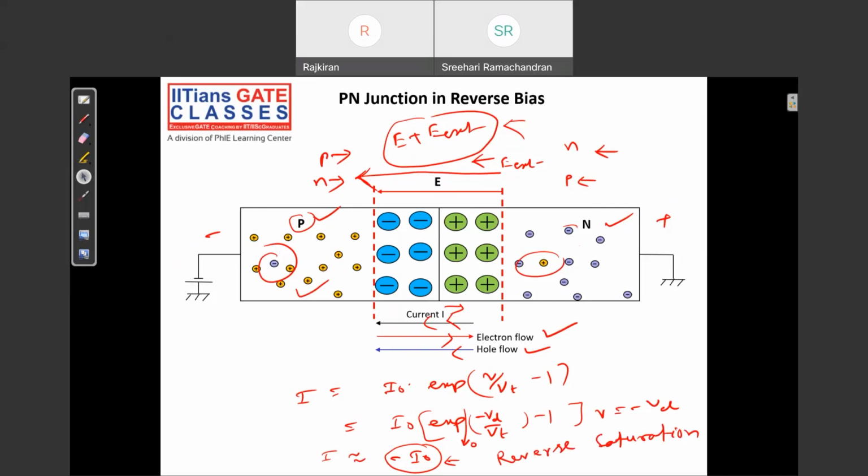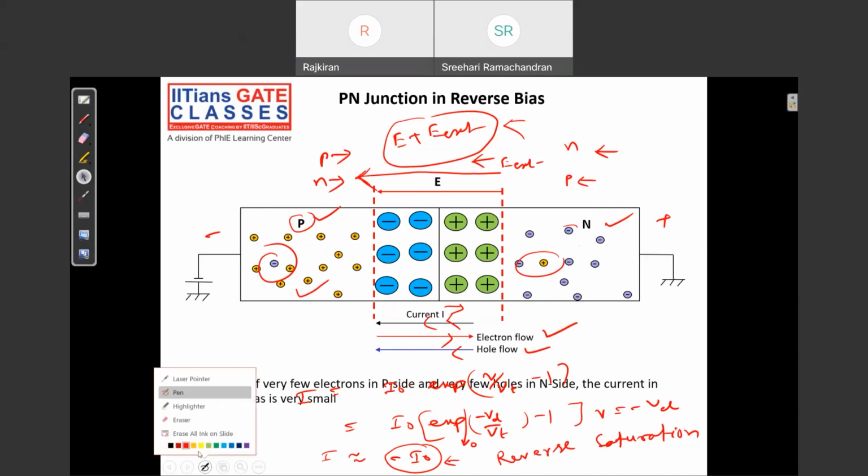Because there are very few electrons on the P side and very few holes on the N side, the current in reverse bias is very small.